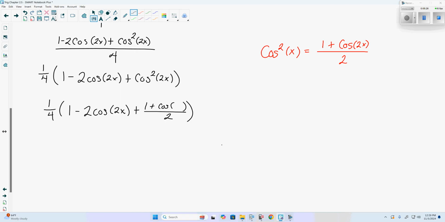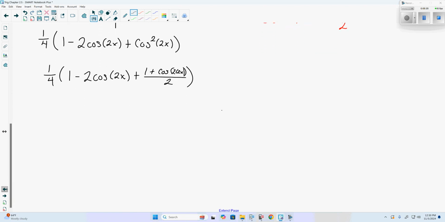So inside here, we'd have 2 times 2x. So really, we have 1 plus cosine of 4x over 2.